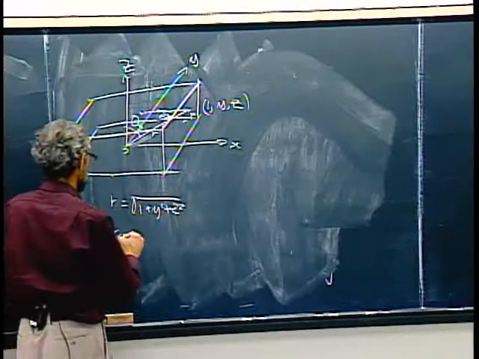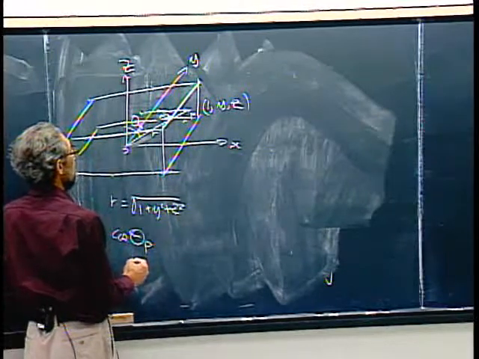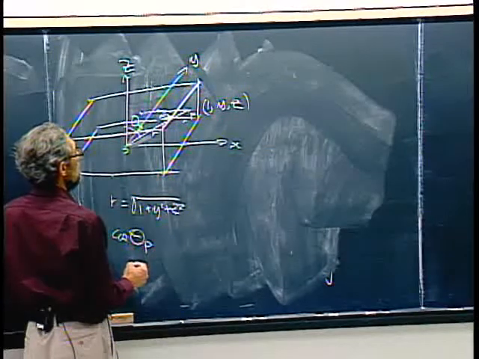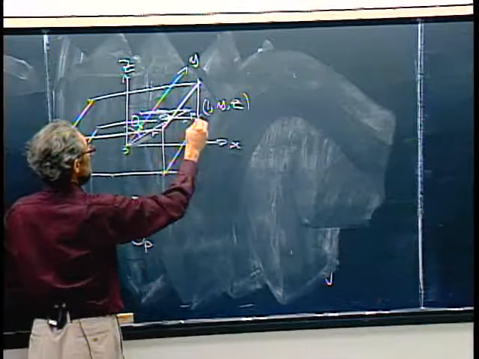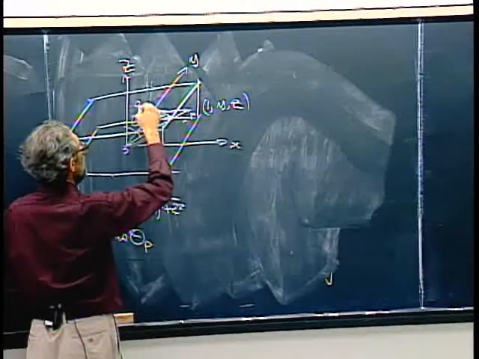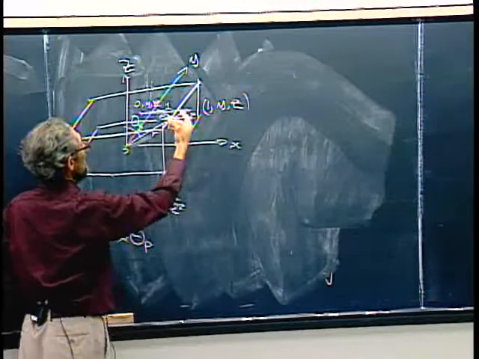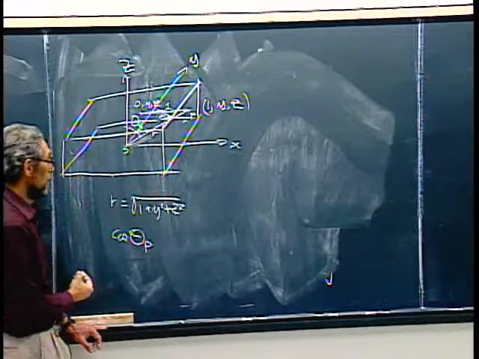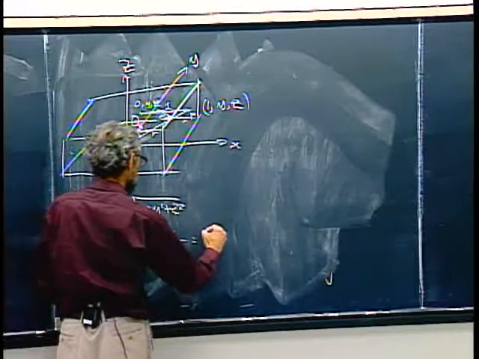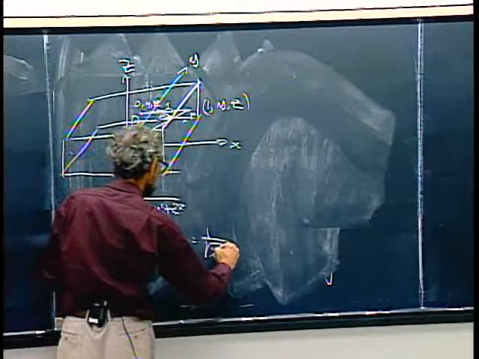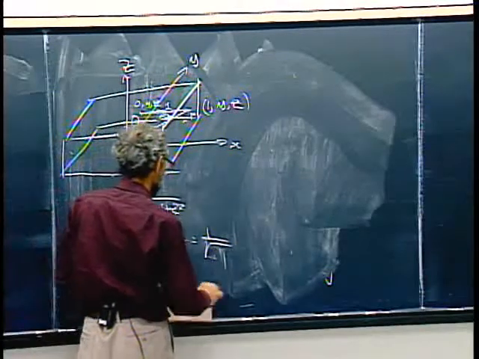And cosine theta at P I should be able to find because, let's see, this is the side adjacent to it, and this point is 0, y, z. So this adjacent side is 1. So that is still cosine 1 over r, 1 over the square root of x squared plus 1 plus y squared plus z squared.